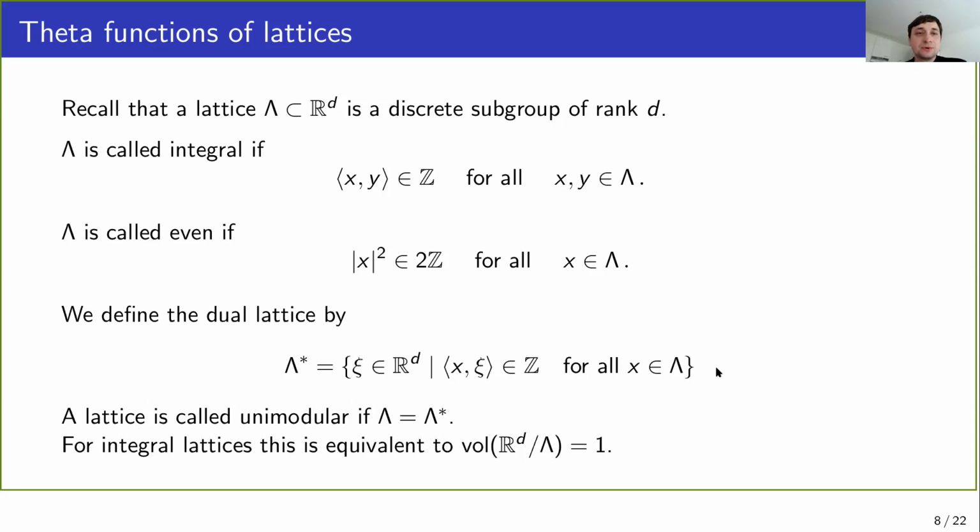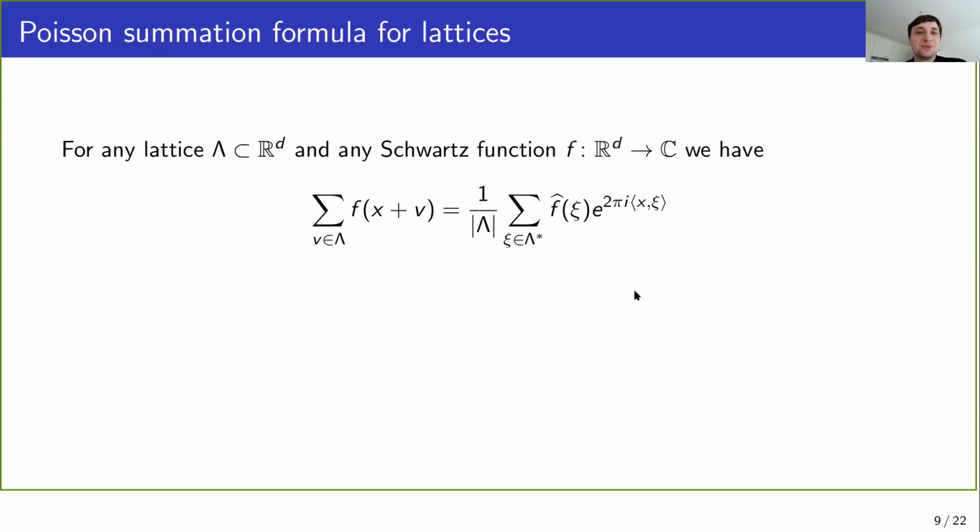So the nice thing about the Poisson summation formula is that it takes almost no time to generalize it from the one-dimensional case to the d-dimensional case. And the one-line proof that I gave also works almost the same way. Instead of a function on R, look at a function on R^d, which is still nice, rapidly decaying and smooth. Then the Poisson summation formula becomes this claim. Again, we symmetrize on one side over all shifts by the lattice, and on the other side we have a kind of Fourier series.